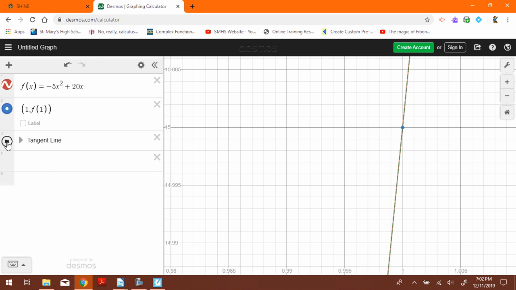If I turn off the tangent line and turn it back on again, I can't really tell the difference. It looks like they're the same. So over a tiny interval, the function is essentially a straight line. If I'd like to get an idea what the speed is at that time, I really just need to do my average rate of change over a very small interval. And that will be sufficient to figure out what's going on.